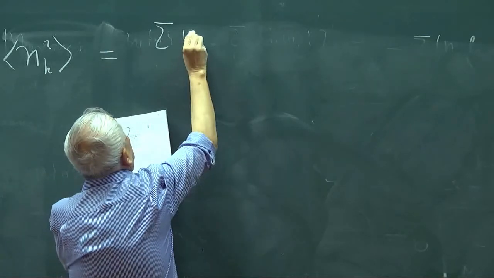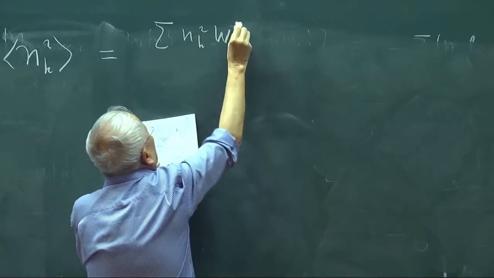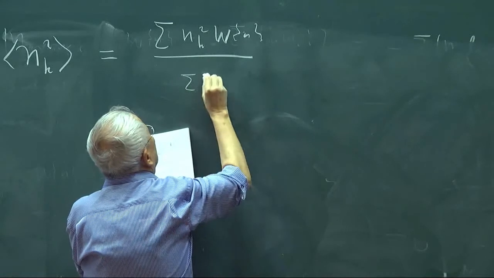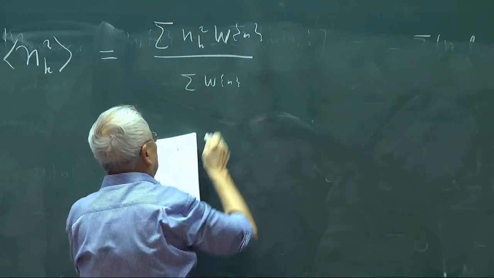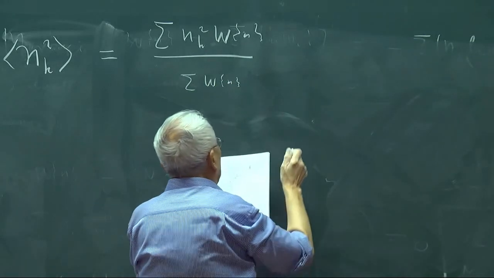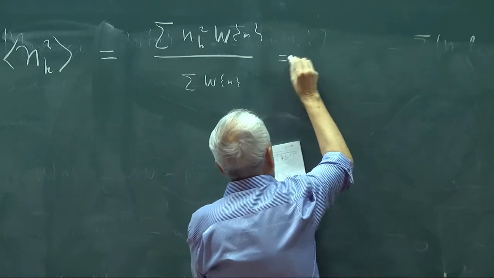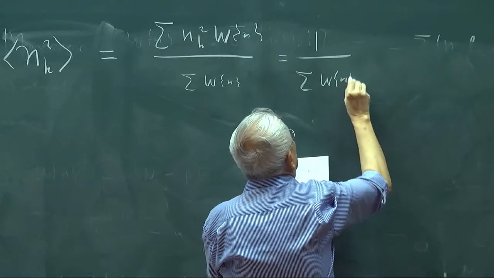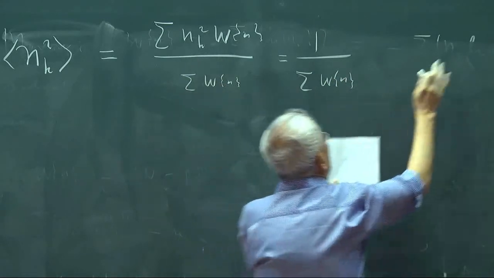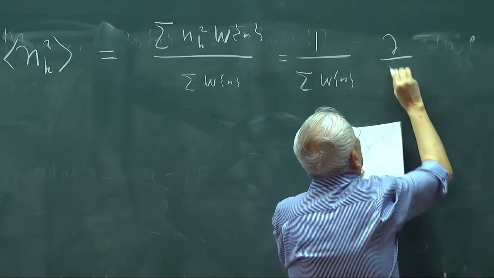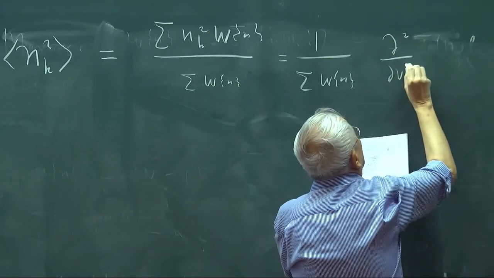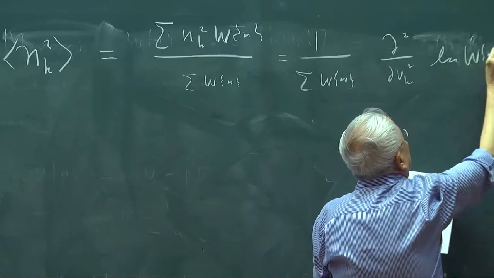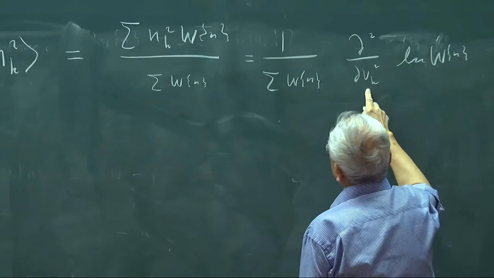summation nk squared W of n times 1 over summation W of n. Here I have to put on 2 powers of nk, so I have d by d nu k squared times W of n. But one differential brings on 1 power.